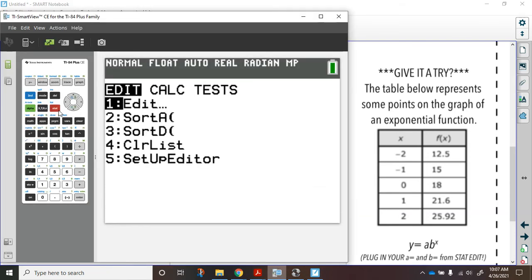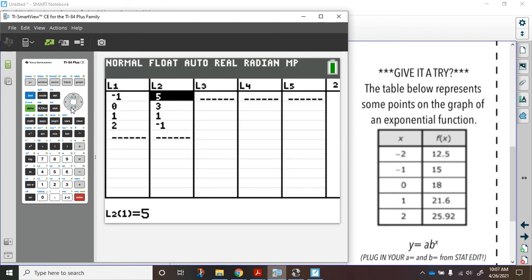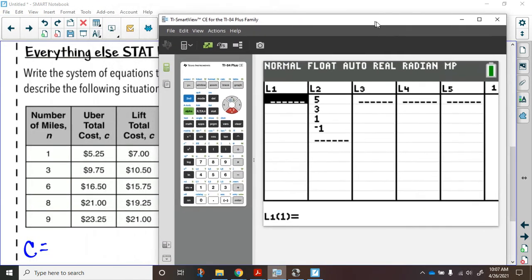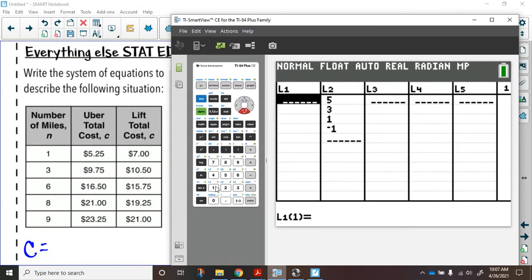We're going to plug it into StatEdit, and we're going to have to do it twice. So let's plug in the number of miles. So we have 1, 3, 6, 8, and 9.